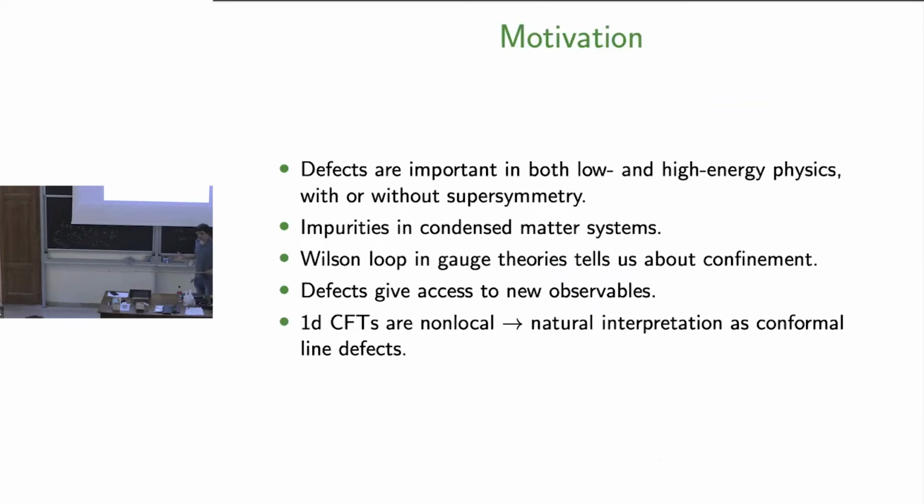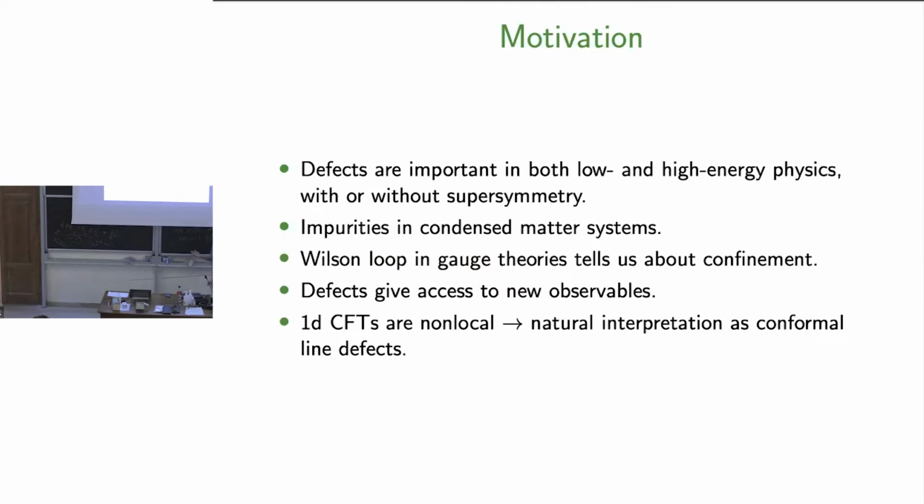And for us bootstrappers, whenever you add a defect into the game, you basically enlarge the number of observables. So there are a lot of new things that you can calculate whenever you add an extended object. And of particular interest for this talk is the fact that we're going to study one-dimensional defects, so one-dimensional line defects.